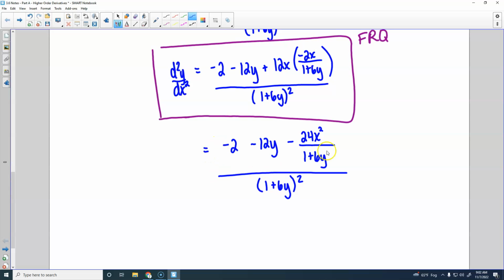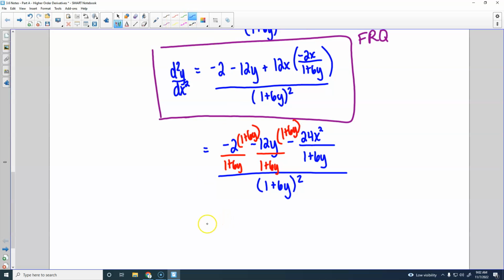All right, so you've got a couple ways to deal with this. You could either multiply the top and the bottom by 1 plus 6y, or you could get common denominators. I think it's a little complicated to think about multiplying top and bottom by 1 plus 6y and distributing that because it's two terms. So I'm going to do common denominators, but it could be done either way. This has to be 1 plus 6y, which means I multiply by 1 plus 6y here.